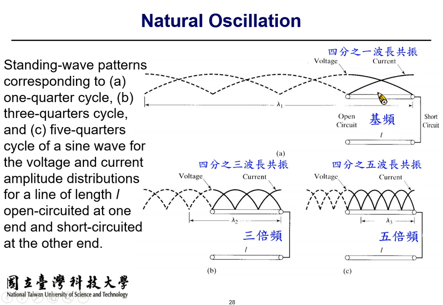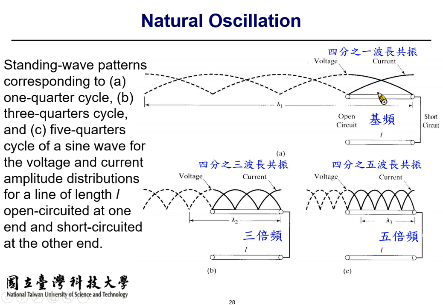So all the musical instruments are based on resonance, and they have different kinds of resonant modes appearing on the musical instrument. So let's examine the first kind of resonance.